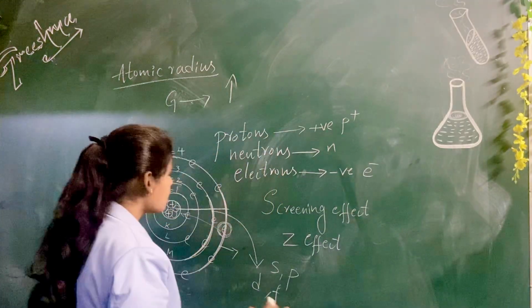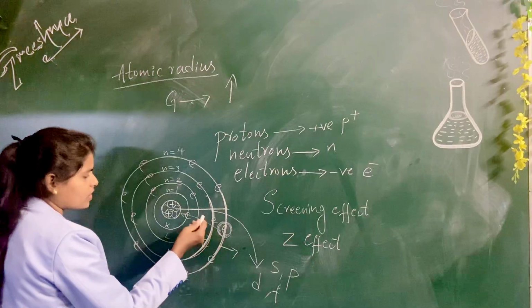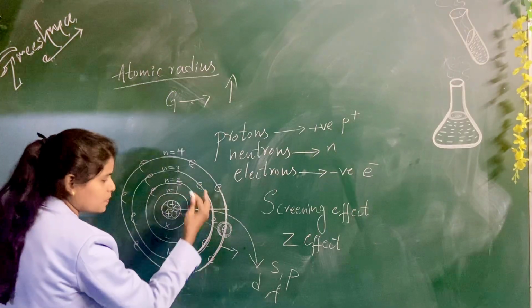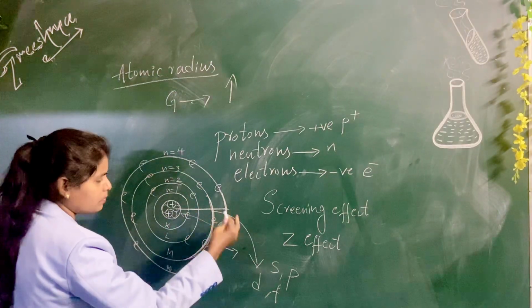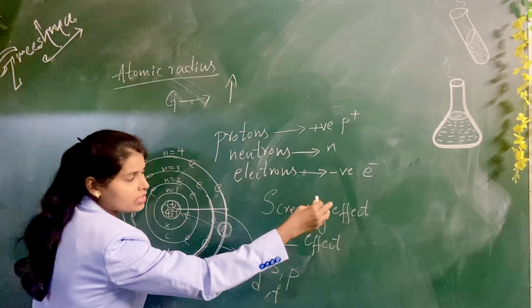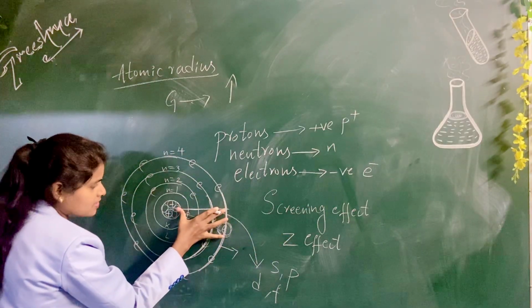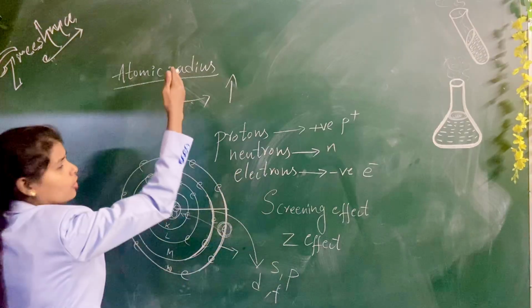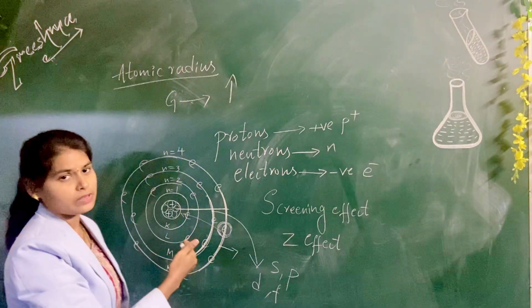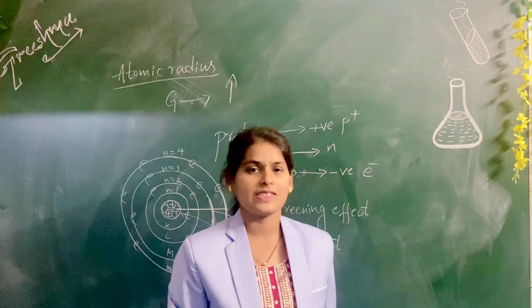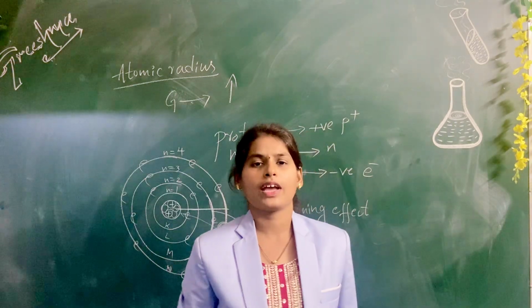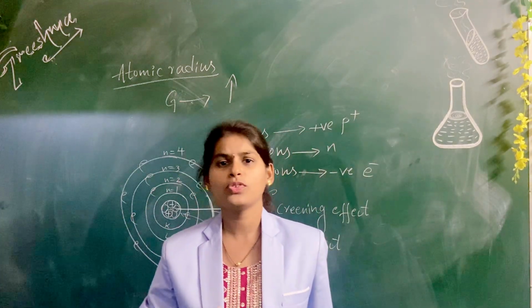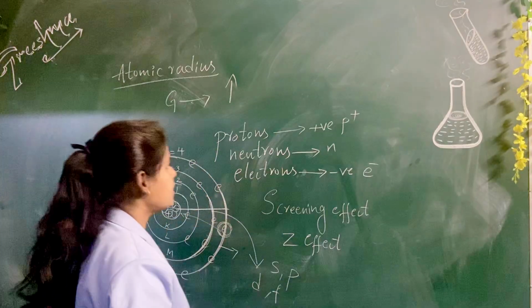The first time the electron is added to the first shell, next time to the second shell, then the third shell. As the number of shells increases, definitely the atomic radius increases. That is the reason it increases.